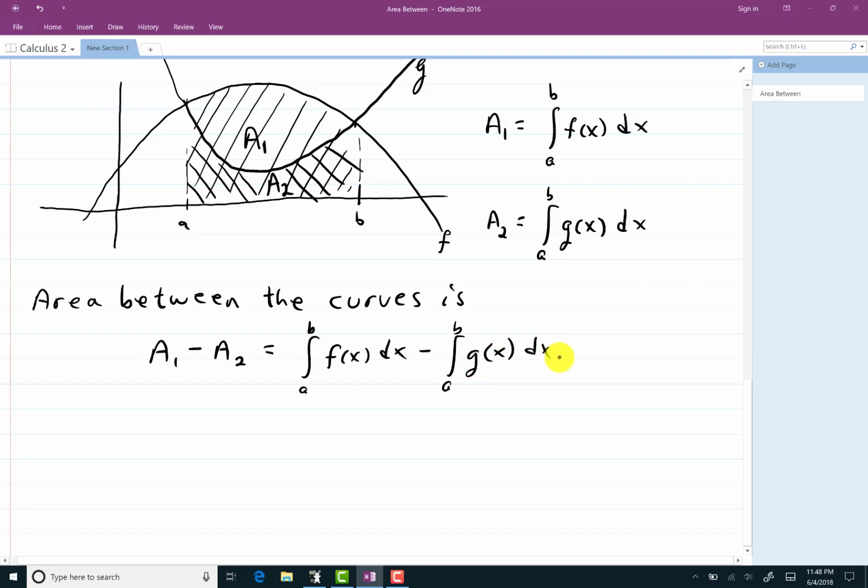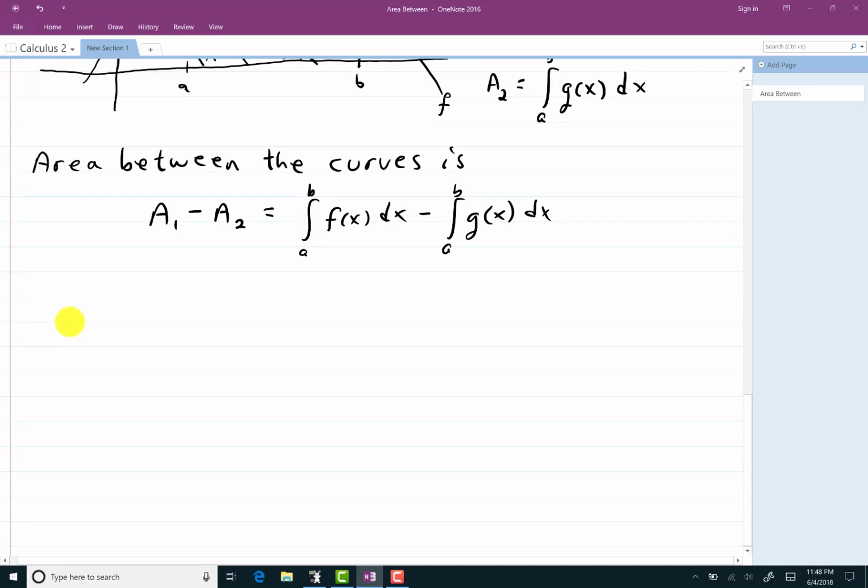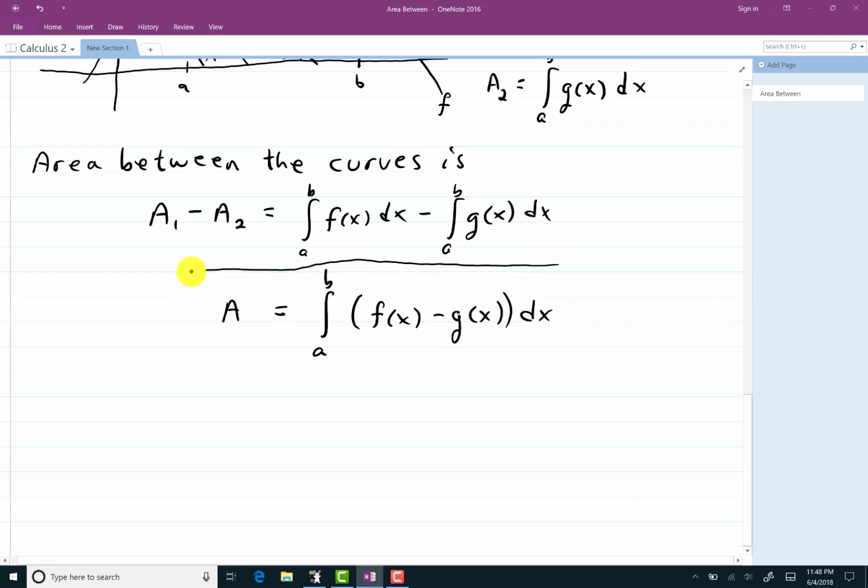And you know, based on the property of integrals, that you can combine this into one integral, and this is our formula. Let's just call it A. That's the area between the curves that I'm looking for.